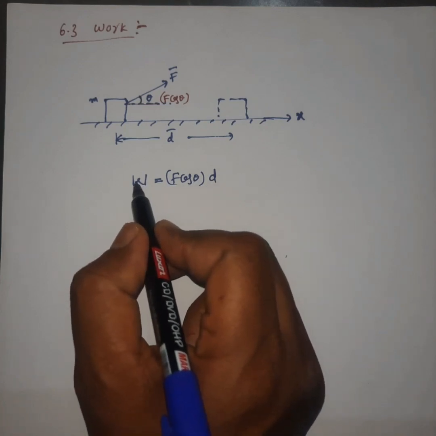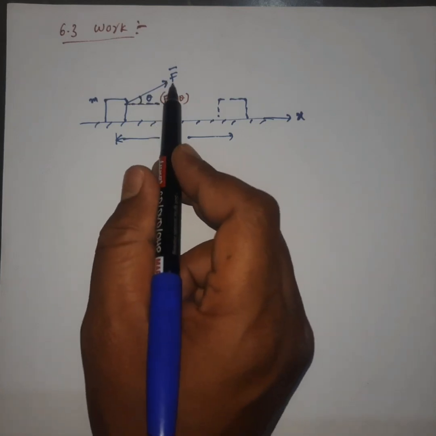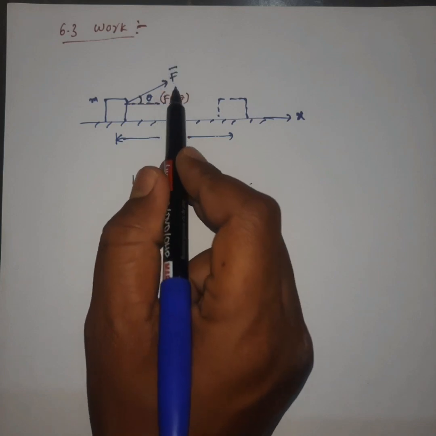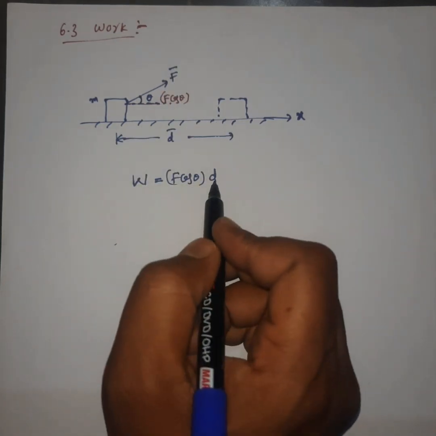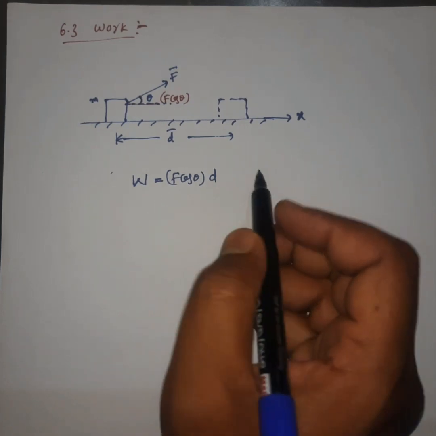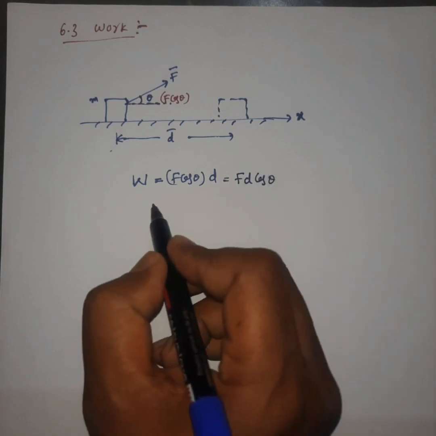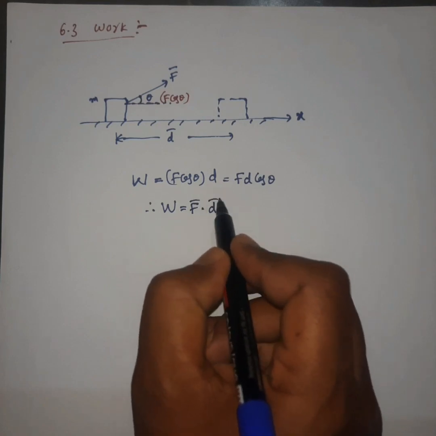So how can we define work done? Work done is the product of the component of F bar along the D bar direction and the magnitude of D bar. So it is Fd cos theta. Therefore work done is equal to F bar dot D bar.